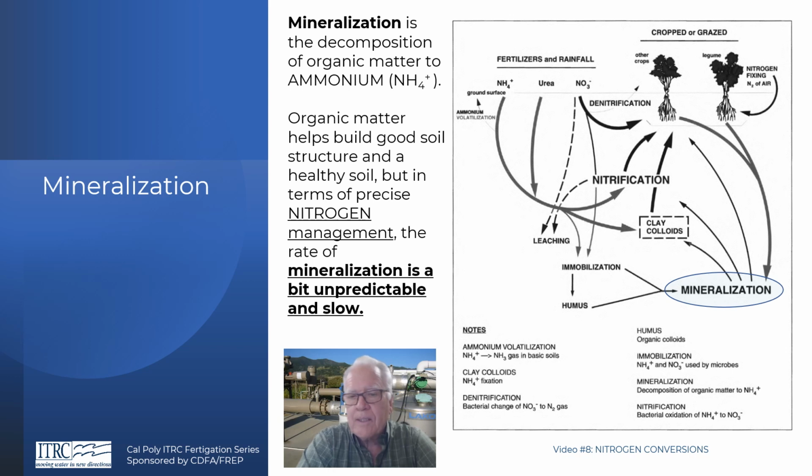They break down with bacterial action and convert to ammonium. And then, of course, you have the process of going from ammonium, you get to nitrification, going to nitrate, and so on. And all of this is biological. And because it's biological, you saw the little graph of how things vary depending on the temperature, just as an example. We know what happens, but it's a bit unpredictable and slow, this process here.